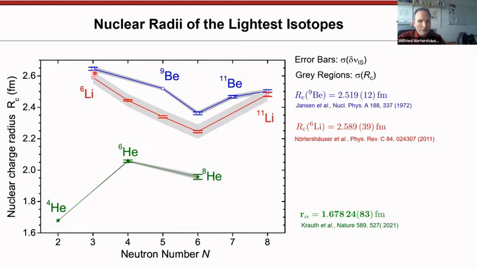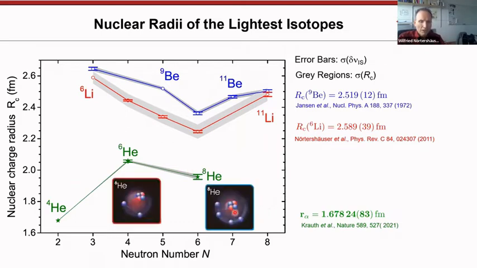It's different for lithium and beryllium, where the elastic electron scattering of lithium-6 and beryllium-9 are limiting the charge radii, particularly for the halonuclei. Just a reminder, halonuclei are a very interesting topic in this region, here shown for helium-6 and helium-8. These are nuclei which have loosely bound neutrons or protons and which are far away from the nuclear core.